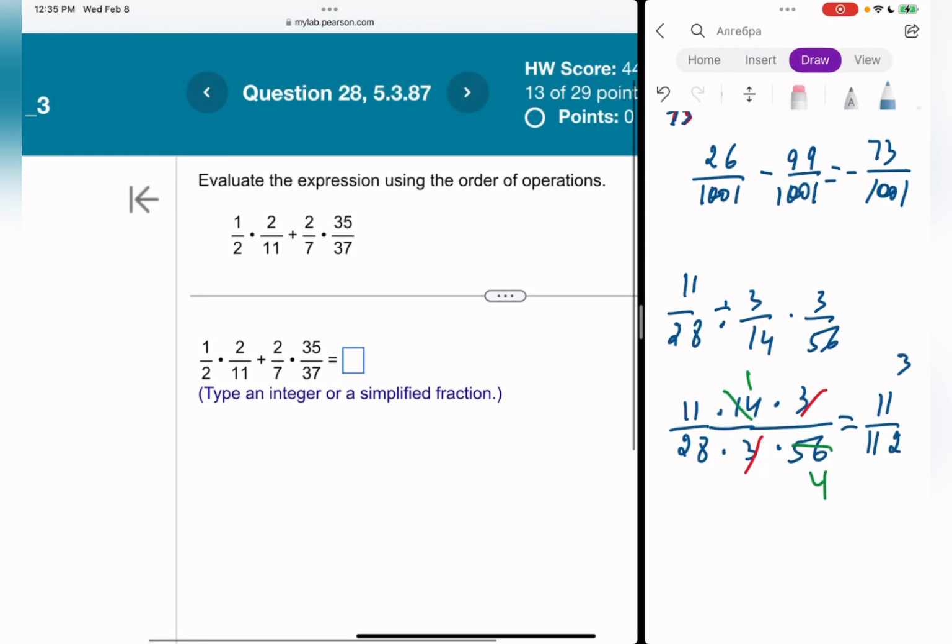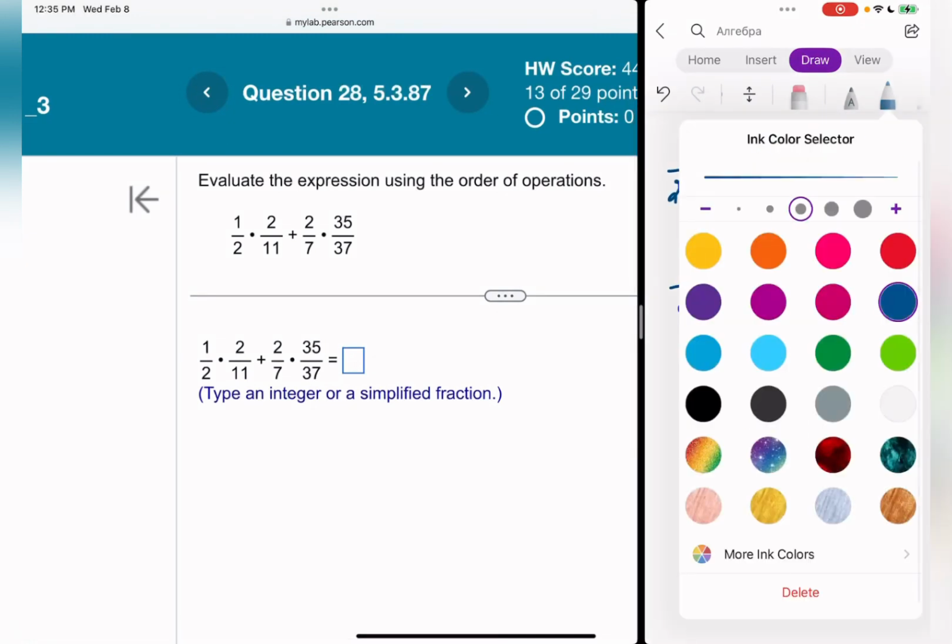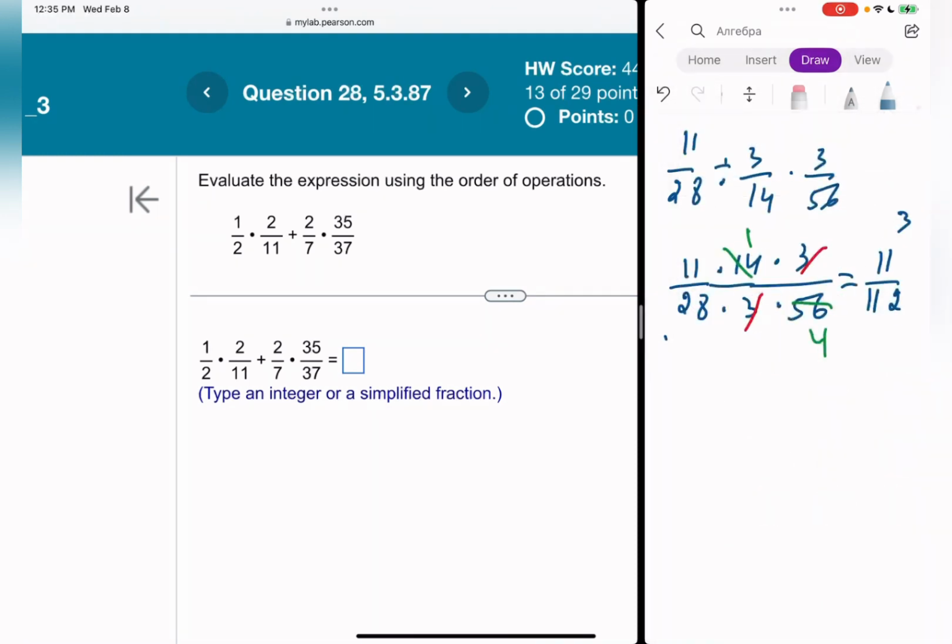This one, well, we are doing 1/2 times 2 over 11 and then plus 2 over 7 times 35 over 37. So first we need to do multiplications and then add, which means 1 over 2 times 2 over 11. 2 and 2 is gone.